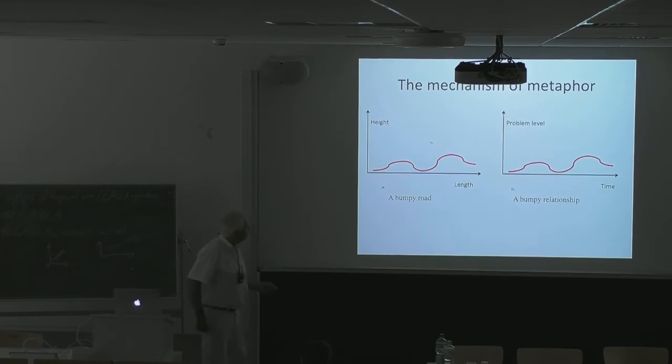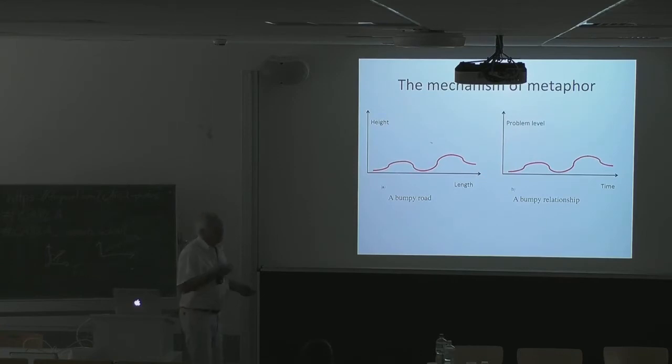Well, it goes back to the original meaning of a bumpy road. We know what bumpy means. It's a kind of spatial property. Bumpy is about an object that is extended in a horizontal dimension, a bumpy road or something like that. So we have this dimension, a length or spatial dimension, the extension of the road.